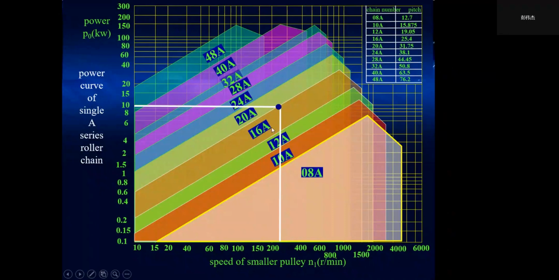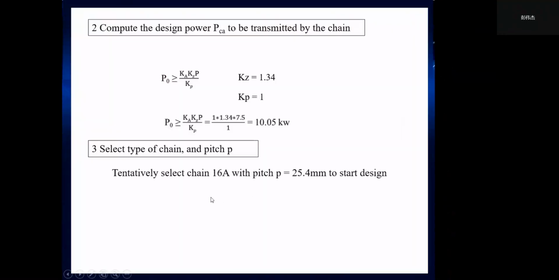If we choose the 16A series, then we can obtain the pitch as 25.4. Then we select chain 16A series with pitch P 25.4 millimeter to start the design.